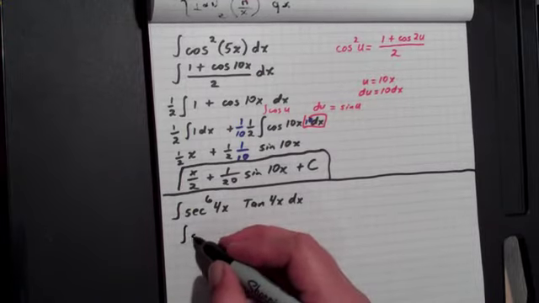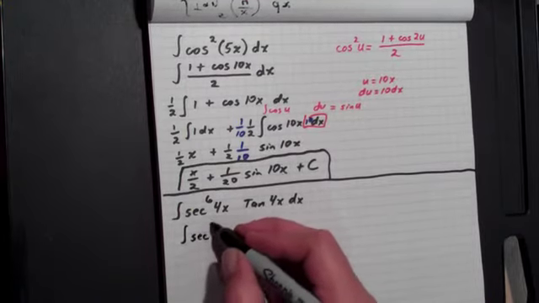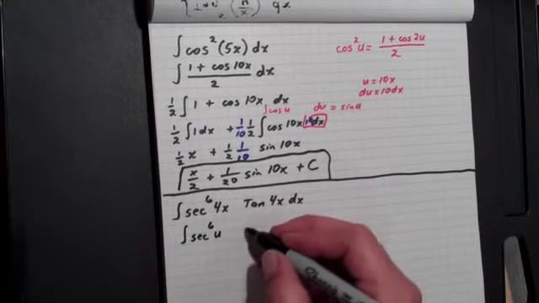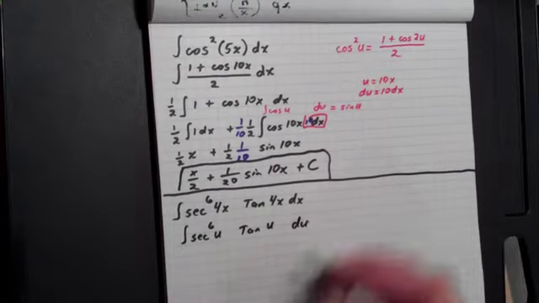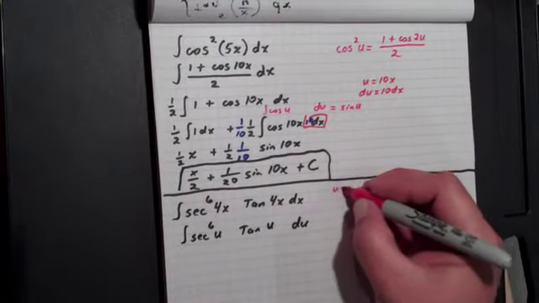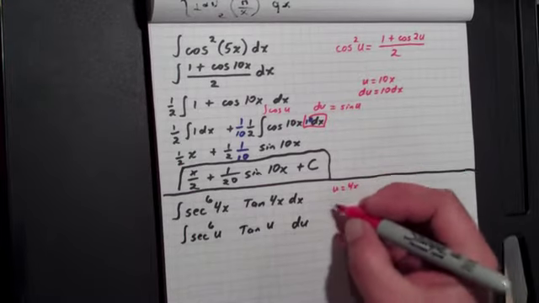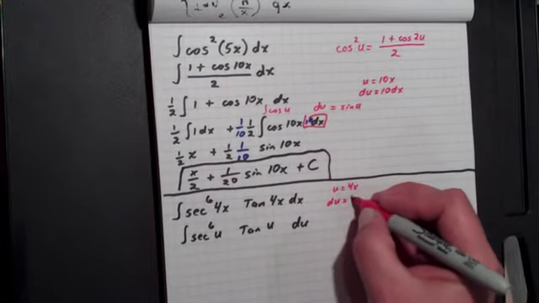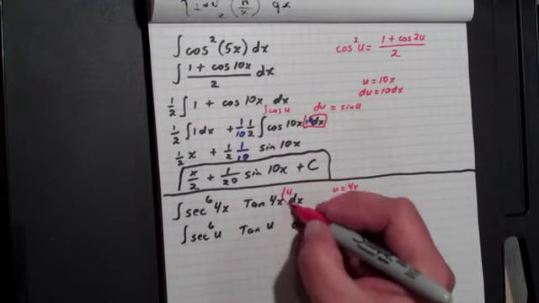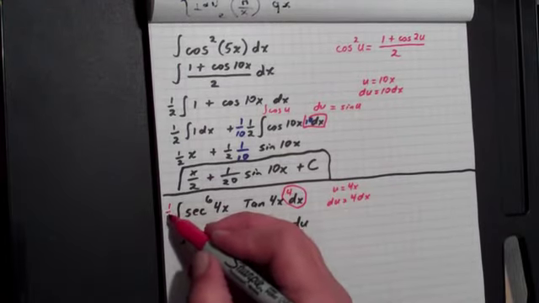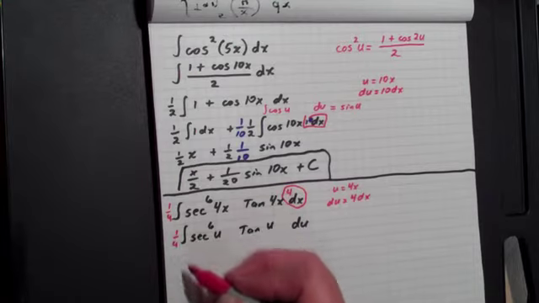So to make this into secant to the 6th of u, tangent of u du, in this case I'm letting u equal 4x. Du, its derivative, would be 4 dx. So you may have to multiply by a 4 and its reciprocal out front.